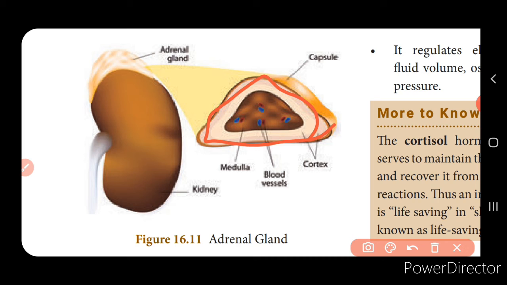And this helps in the reabsorption of sodium ions, especially from the renal tubules, from the kidney tubules, you can say. And this causes increased secretion of potassium ions, and it regulates the electrolyte balance, that is the fluid balance, osmotic pressure, blood pressure, etc. I mean, it regulates almost all the main functions of the blood.